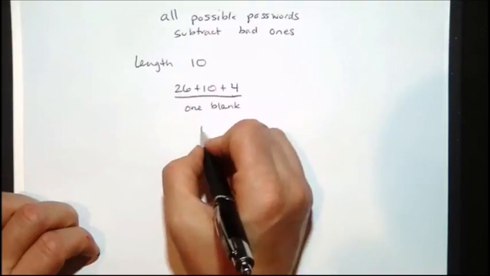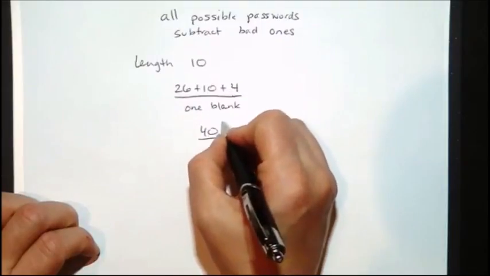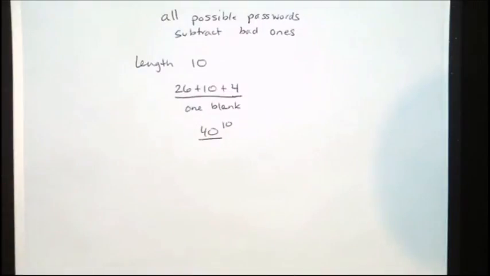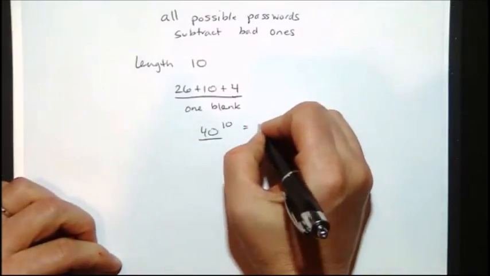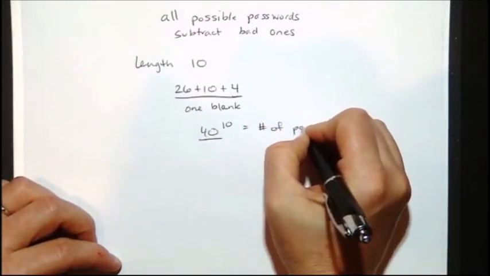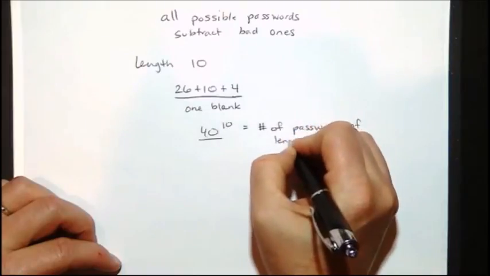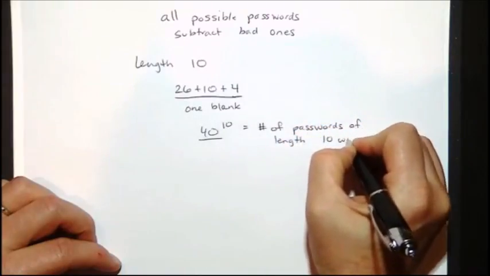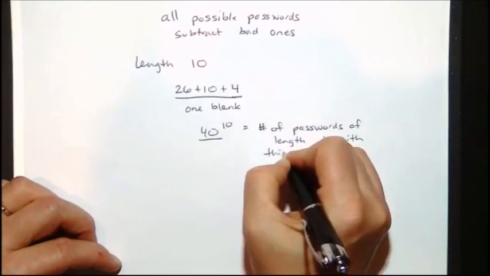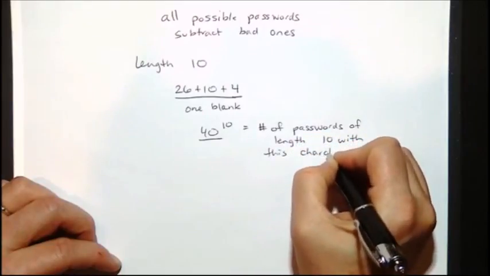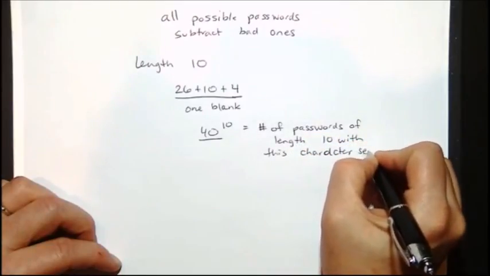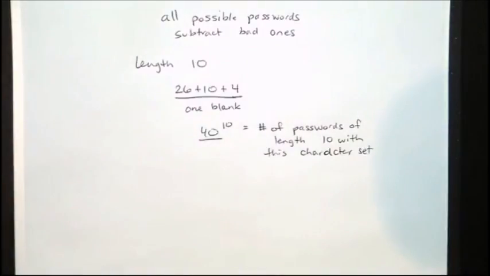So that's going to be 40, and there's going to be 10 of them, so I'm going to raise it to the 10th for the number of passwords of length 10 with this character set. Does everybody understand that?